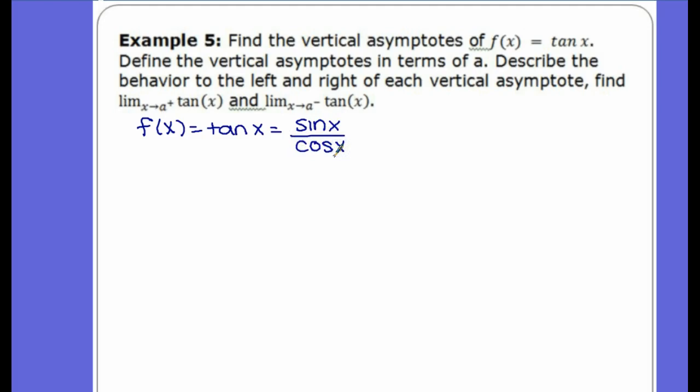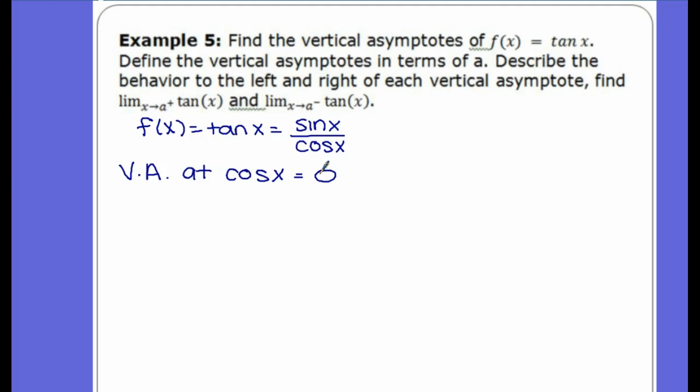So remember that the vertical asymptotes come from when the denominator of a function is 0. So you have to think about the fact that tangent is really sine over cosine. So to find the vertical asymptotes of tangent, we have to say that the vertical asymptotes occur at cosine x equaling 0. So when is the cosine of x equal to 0?